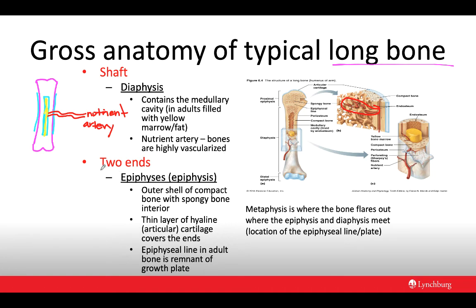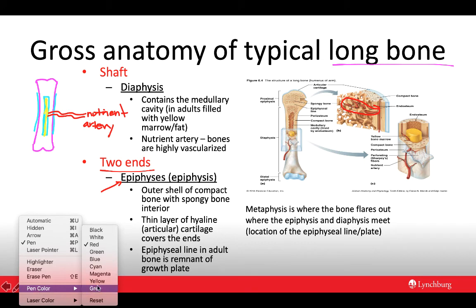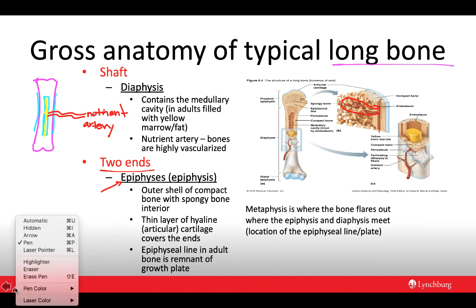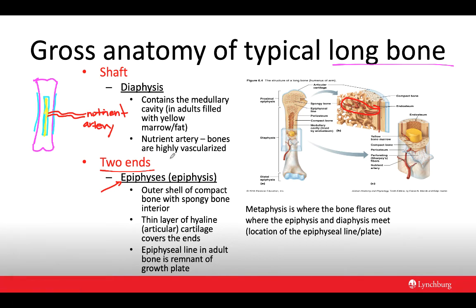And then the next thing is the two ends of the bone are called the epiphyses. And so we'll do this in maybe magenta. No, we've already done magenta. Let's do a different color. We'll do gray. So epiphyses.